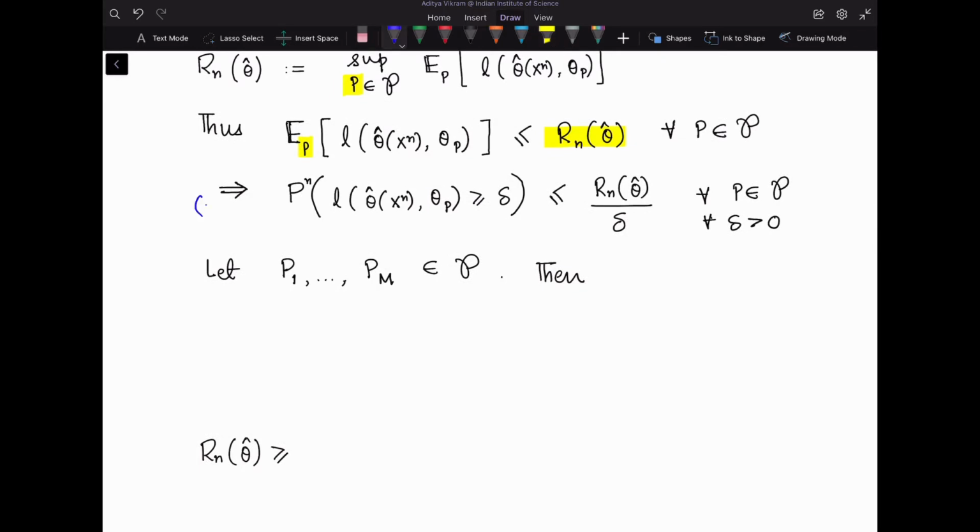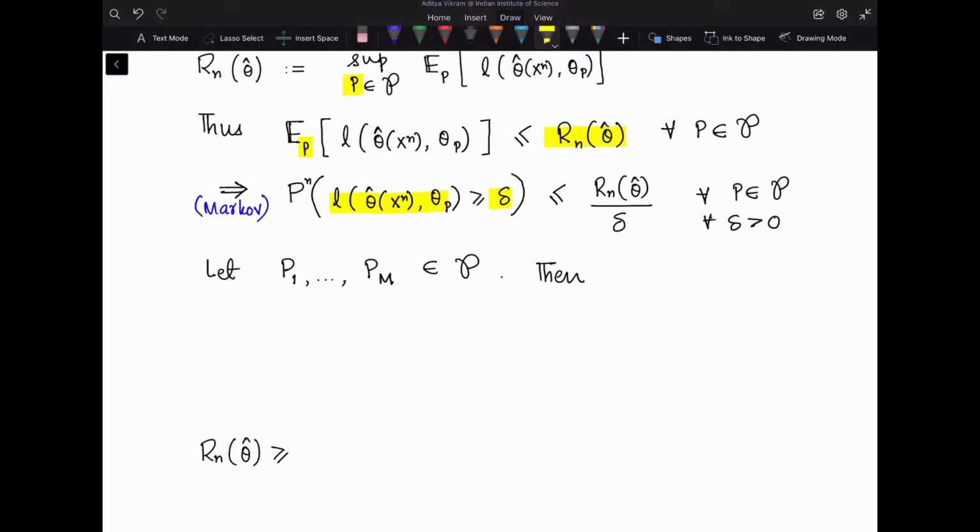And now we use Markov's inequality to obtain a probabilistic statement. So the above statement is for expectations, and now we reduce it to a probability statement: the probability that your loss is more than delta is at most Rn theta hat by delta, right?